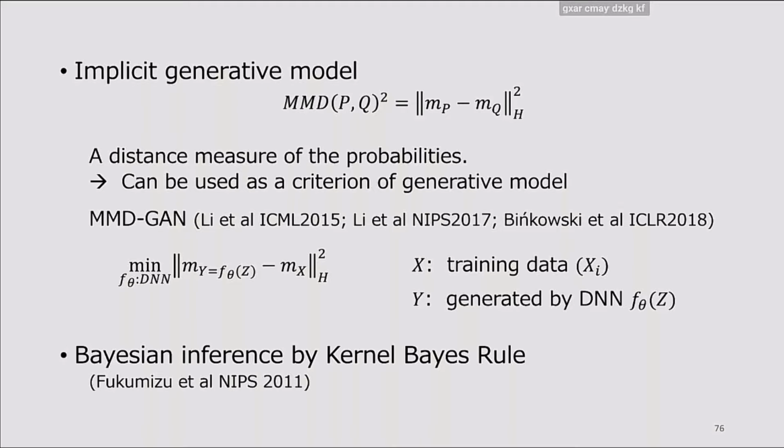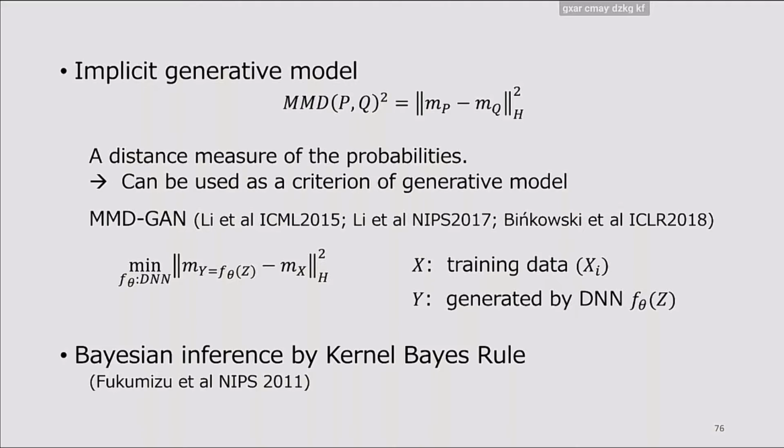We have data, and we can compute the kernel mean for data, like face images. And we prepare the deep neural network here, and Z is the sample from the standard distribution, like Gaussian distribution or uniform distribution, and we transform the points by deep neural network, and we obtain some sample. And the goal here is to have samples very similar to the original face images.